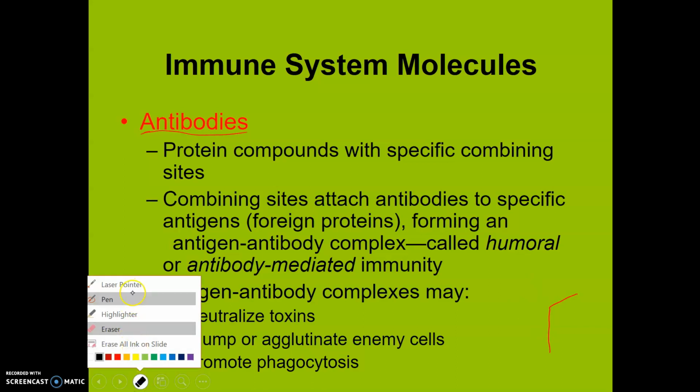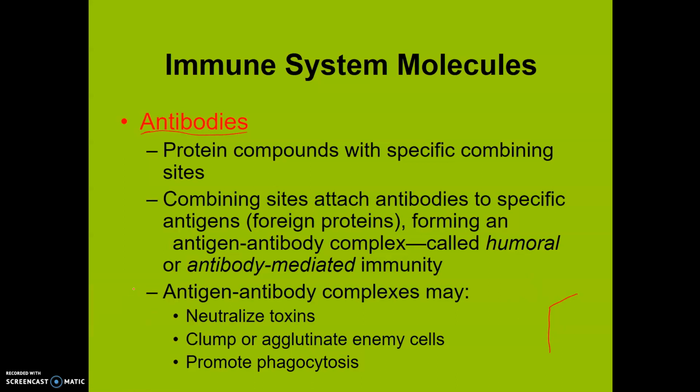Oh, the days of actually having a whiteboard. I miss those. So it's more of a Y shape like this with little strings in between. And then these disulfide bridges holding together these two long strings. So these are the heavy chains of the protein.